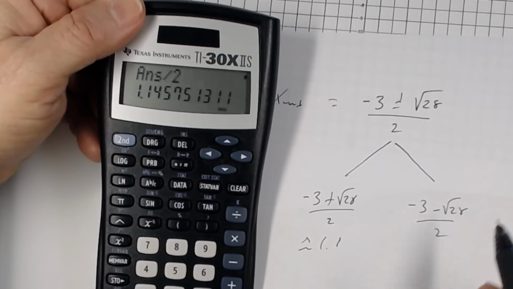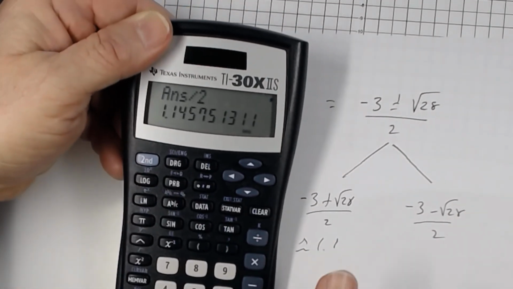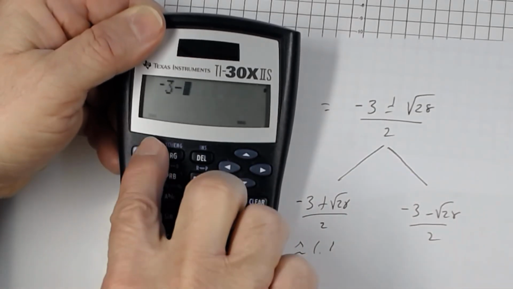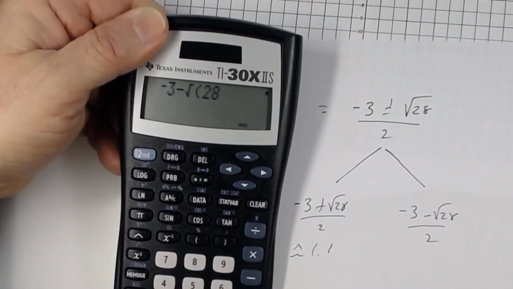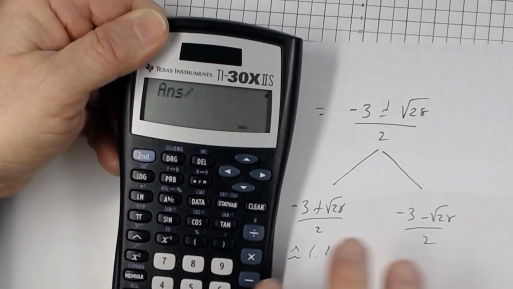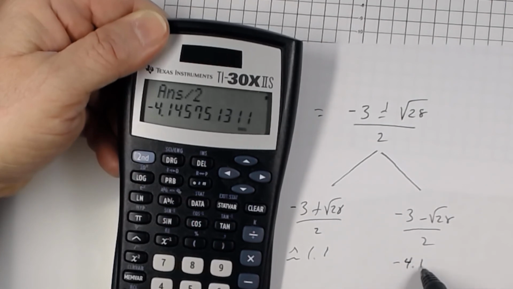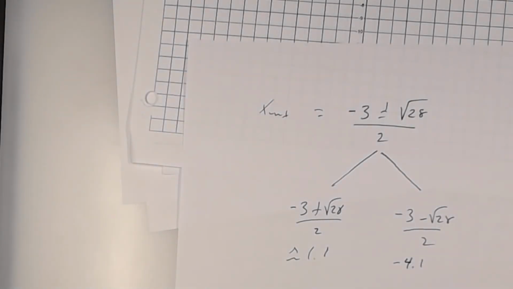The other x-intercept, you're going to say negative 3 minus square root 28 equal. Divide by 2 equal. And the other one is negative 4.1. All right. So y'all know how to use your calculator, right? Okay. We're going to talk a little bit more about this next class period, but you have enough now to get you ready for that part of the test.